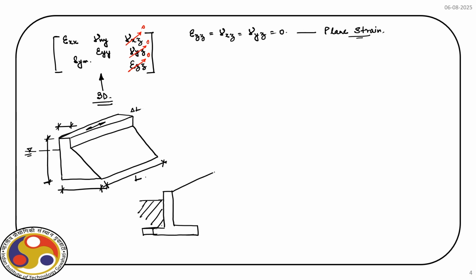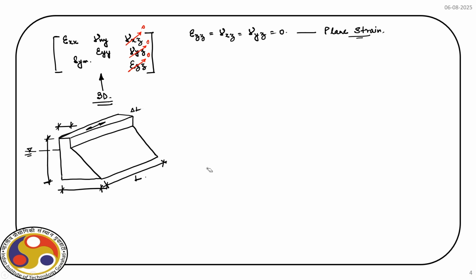Again, these types of structures have one dimension really large compared to the others. Along this direction the dimension is too large. In that case we can model it as a plane strain problem.